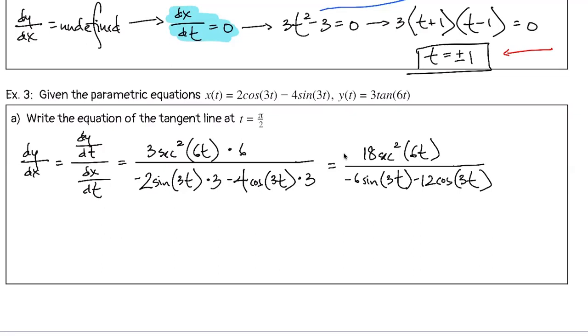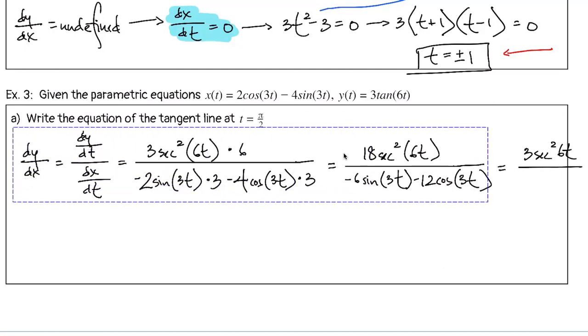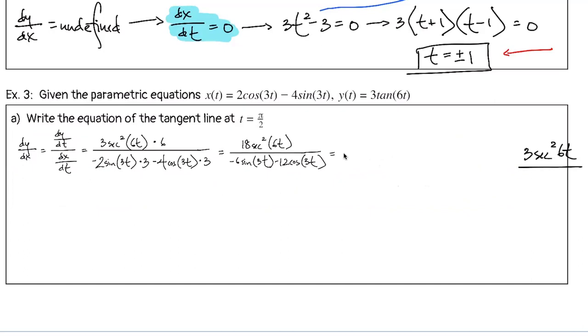And since I know I'm going to be plugging in some numbers, I look for any factors that I could divide out, and I notice that I can divide all 3 terms by 6. So I'm going to write this as 3 secant squared 6t over negative sine of 3t minus 2 cosine of 3t.